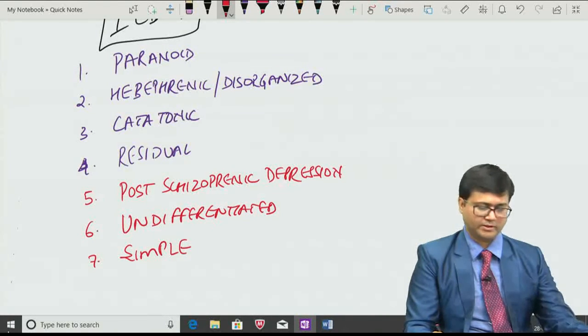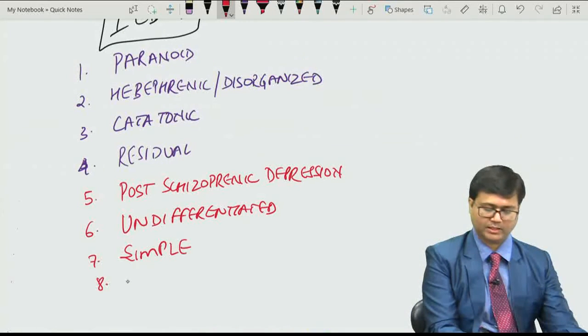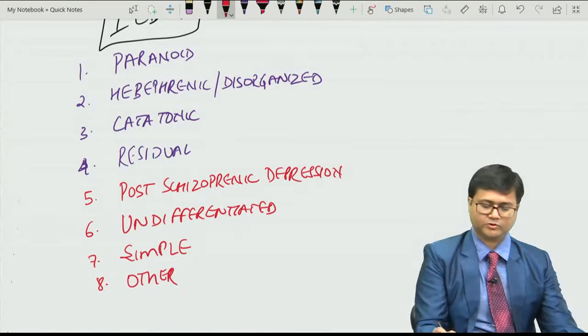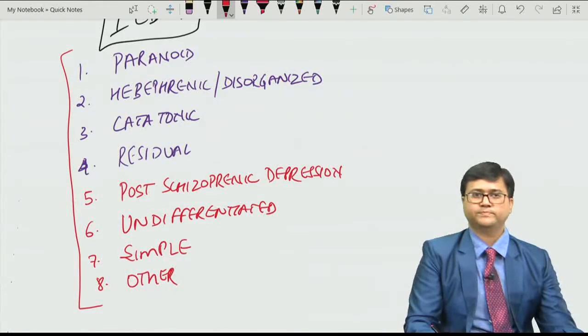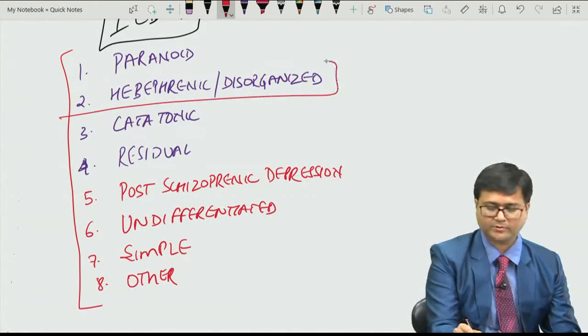So these are some of the important subtypes of schizophrenia which are described under ICD. Now coming to the hebephrenic.